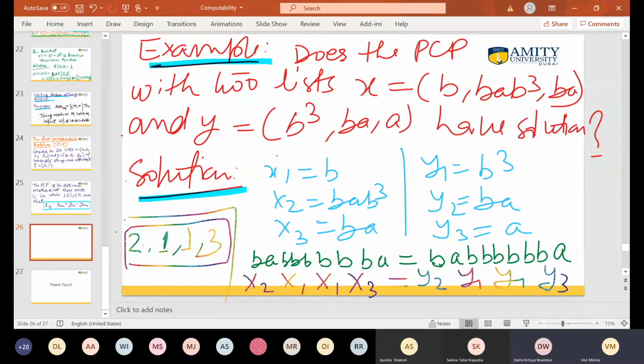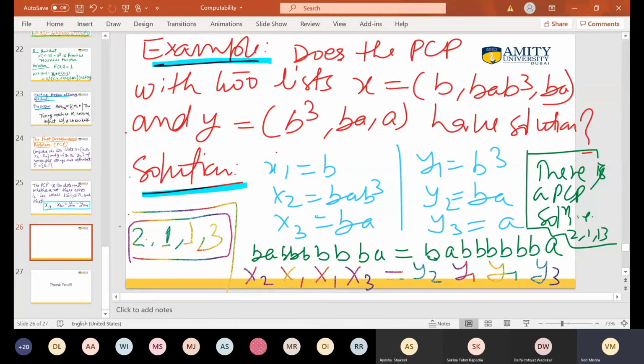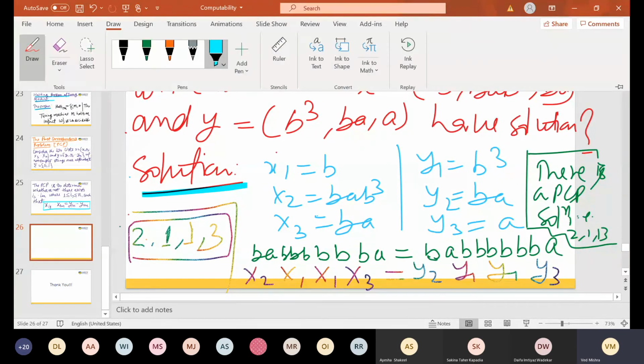So then you will write there is a solution. There is a PCP solution, that is 2113, this sequence. You understood how you will solve this question?